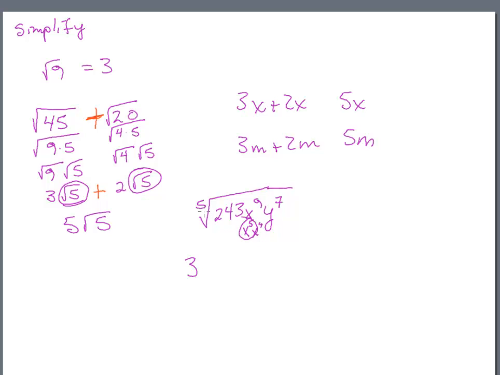That is a perfect 5th. 5th root of x to the 5th is just an x. And this guy can be written as y to the 5th, y squared. That's a perfect 5th. So 5th root of y to the 5th is a y. Anything that was not a perfect 5th has to stay home, unable to go anywhere. And that's how you can simplify 5th root, 6th root, 7th root, square root, whatever you have.